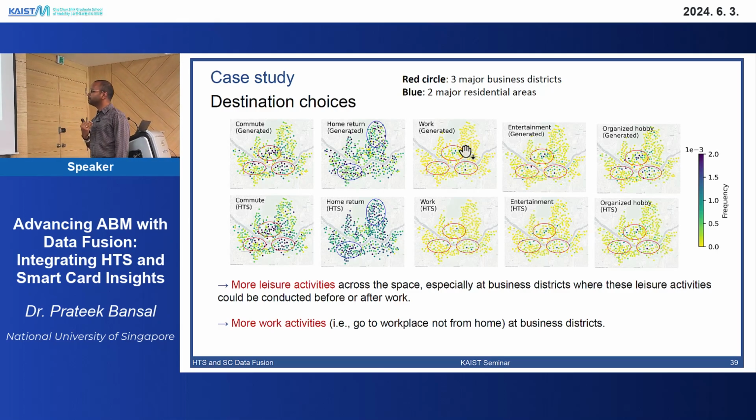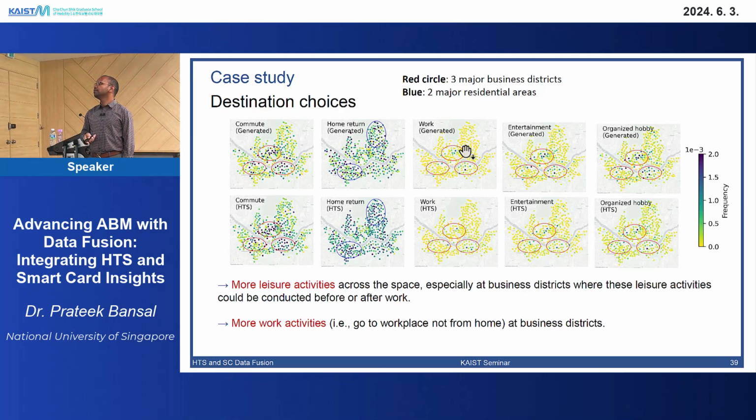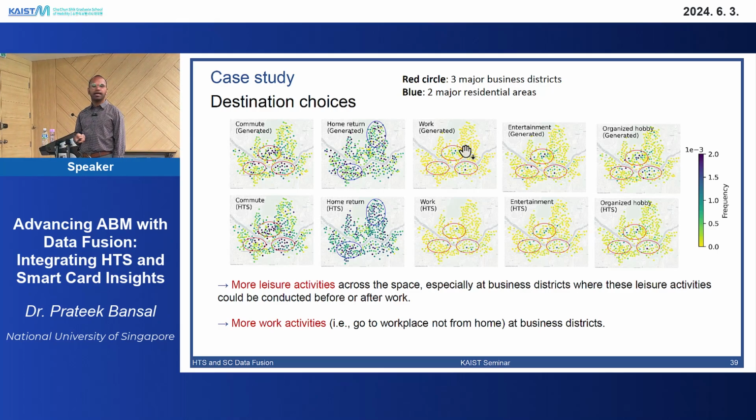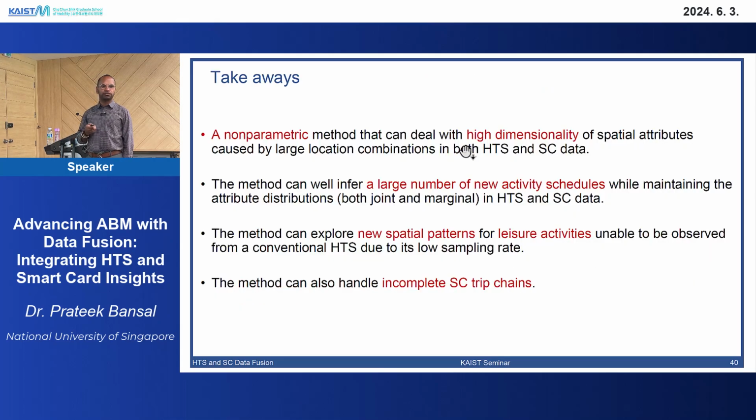They may be the trips after work, which are difficult to capture in the HTS data. But by combining the smart card data with the HTS data, we are able to find these additional trips after the office hours. And there are other things, but the main point is you are able to generate.